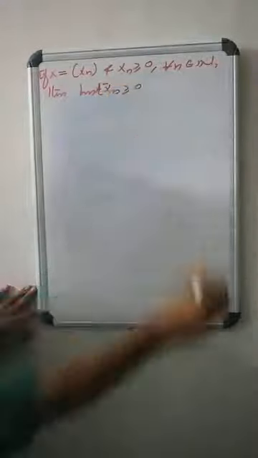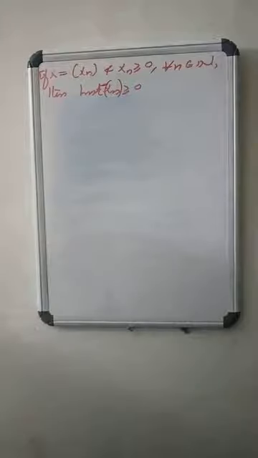If xn is greater than or equal to 0, then limit of xn is greater than or equal to 0 for all n belonging to N.